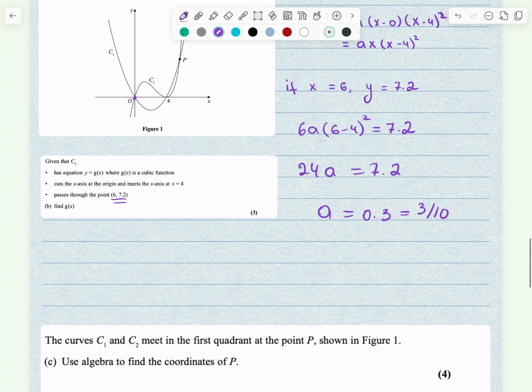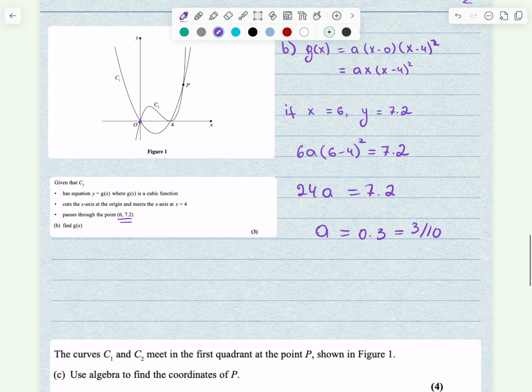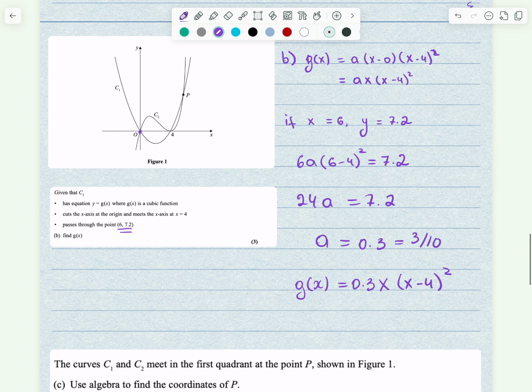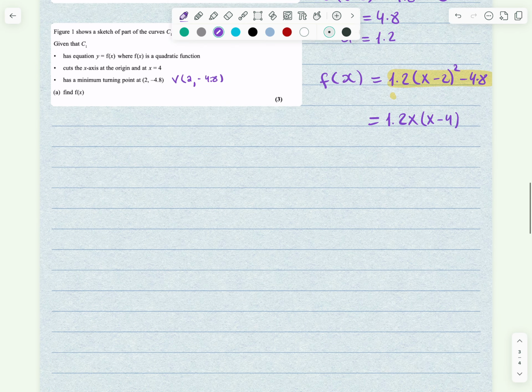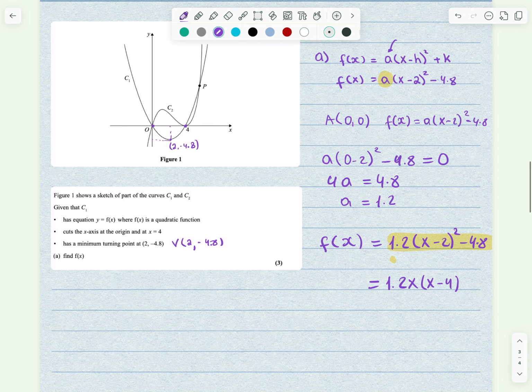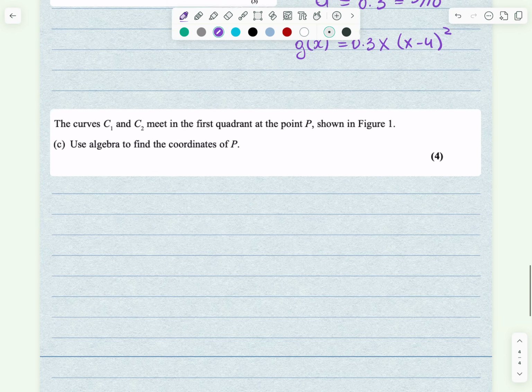Finally, the equation of this cubic function is going to be, instead of a, 0.3x multiplied by x minus 4 squared. That's going to give you 3 marks. For the full solution, remember to show all the detail as much as you can, 3 marks for just finding the equation of the cubic function.